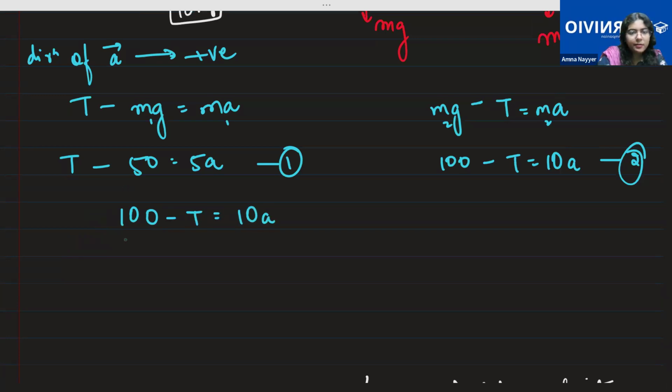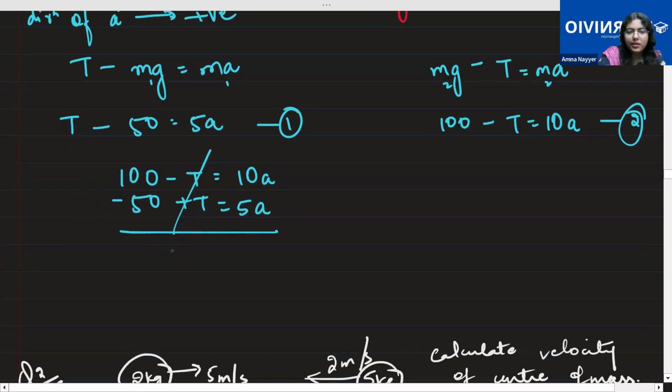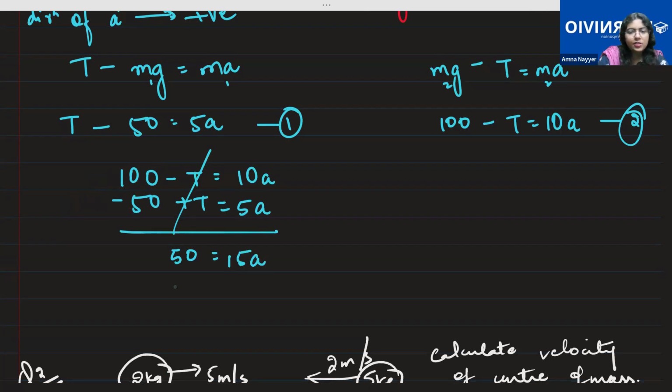Now let's add both of these equations. The T terms will cancel because the signs are completely opposite. 100 minus 50 is 50, and adding we get 15A. So acceleration is 50 divided by 15, which is 10 by 3 meter per second square.